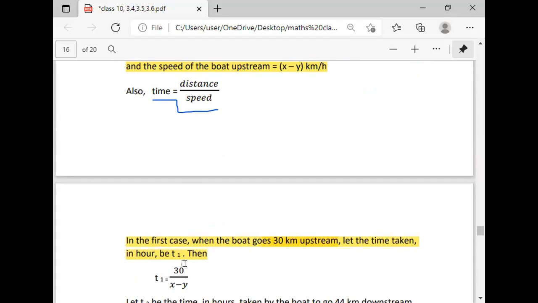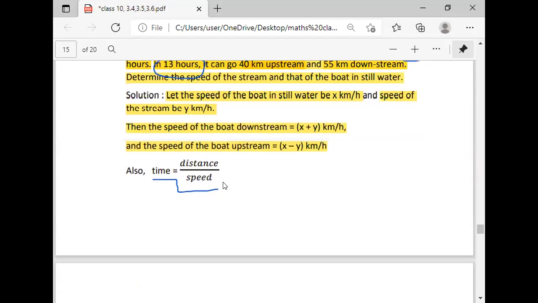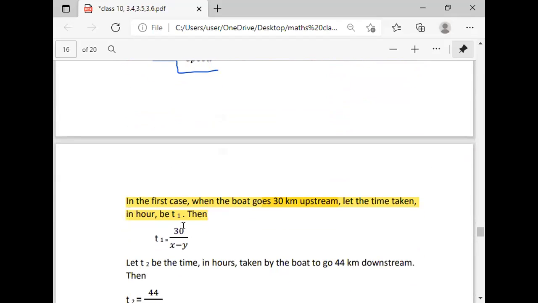We don't know the speed, but it has been denoted as x minus y, and the time in the first case, t1, is 30 divided by x minus y. Okay, are you all clear how we have taken this? Yes, sir. Clear, sir.